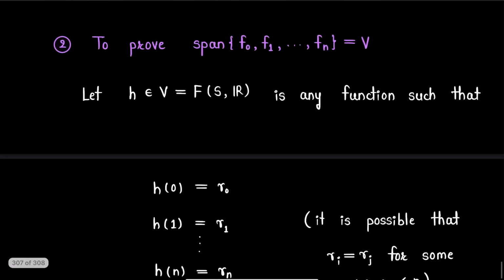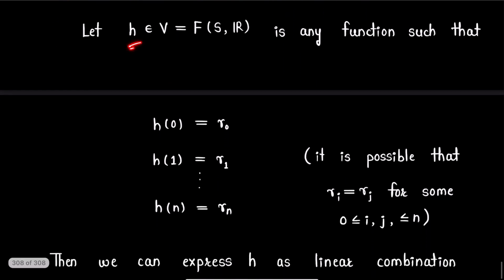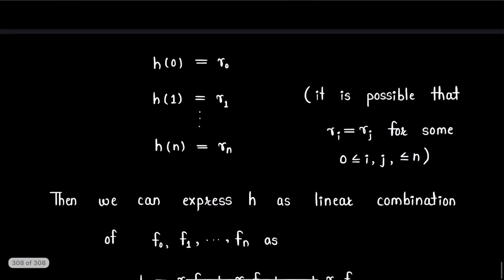Now, to prove that span of f0, f1 up to fn is V, consider a function say h in vector space V. Then, for this function h, we have h of 0 will be r0, h of 1 will be r1, similarly h of n will be rn.